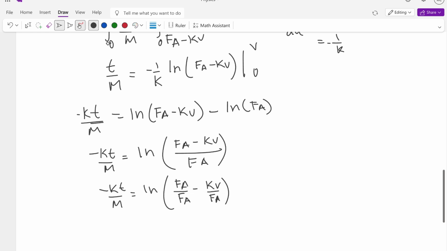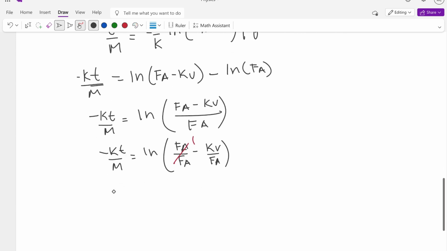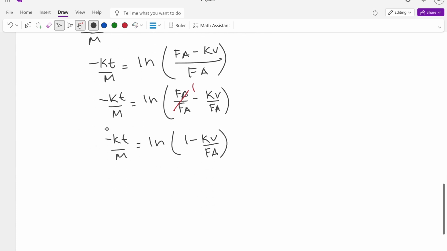This would just become 1, and then we can simplify to negative kt over m equals natural log of 1 minus kv over f a. Now we can raise this side to the e power to remove the logarithm, so we have e to the negative kt over m is equal to 1 minus kv over f sub a.